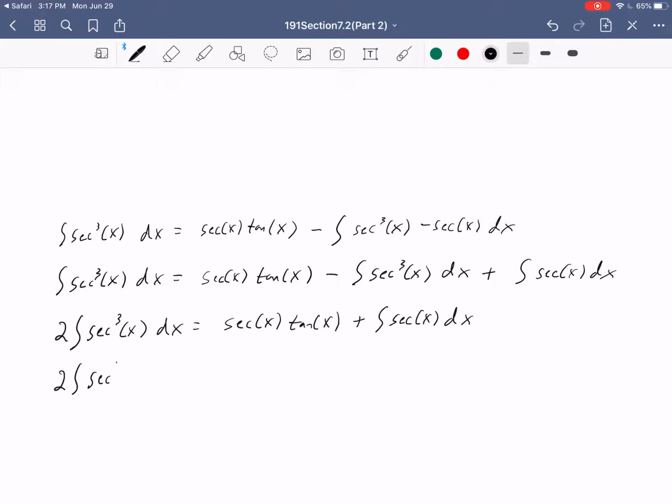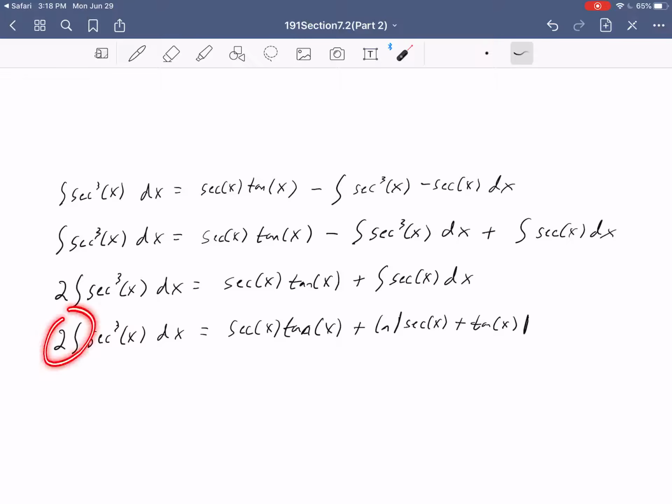2 times the integral of secant cubed x dx is secant x times tan x plus ln of the absolute value of secant x plus tan x. All right, we divide by that 2.